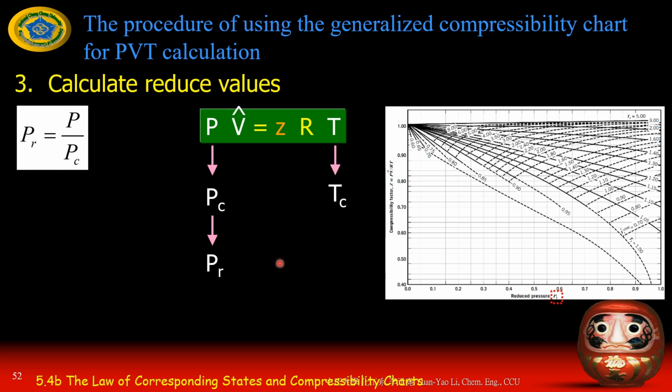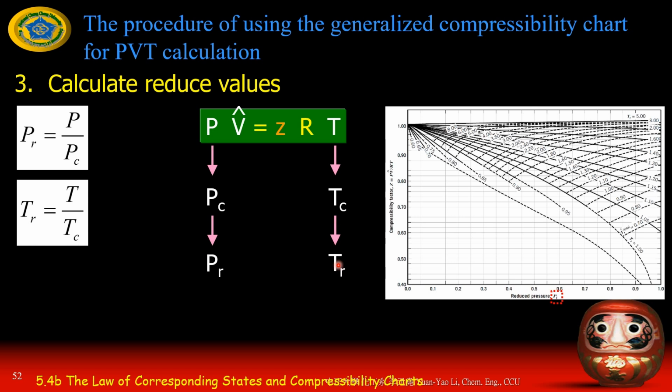And how about the temperature? So the PC is here, right? PR is here. Remember? How about T? You find out T critical temperature and reduced temperature. So TR is somewhere around this solid line here. Okay?